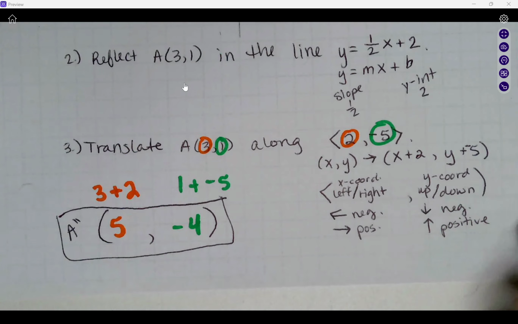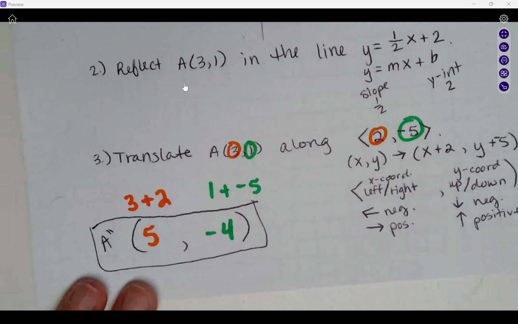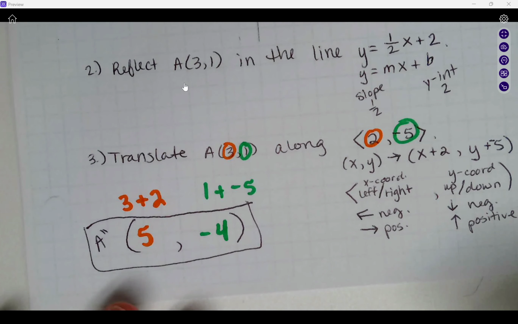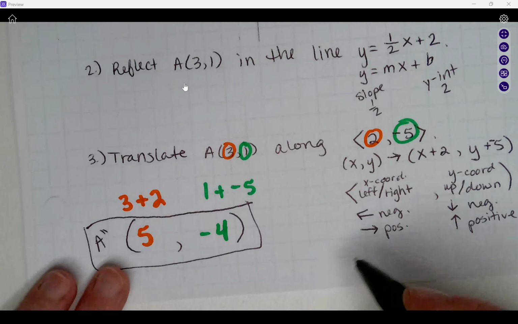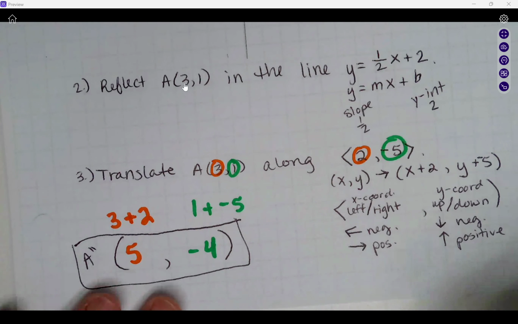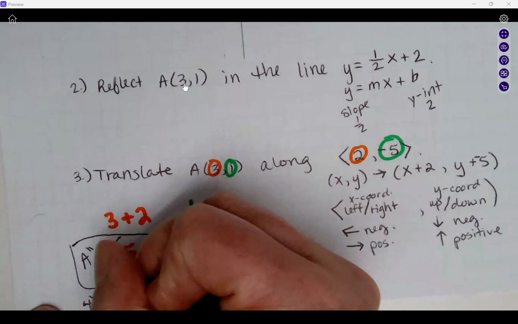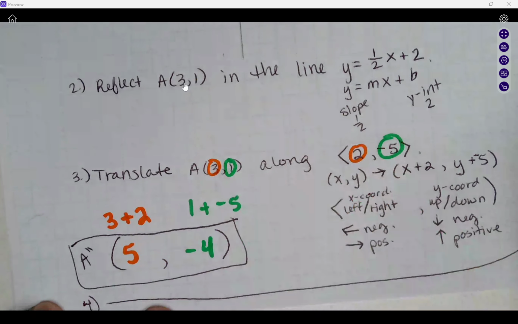Another problem we looked at today was determining the translation vector that would be necessary to have one point end up in a different location. So I don't have a lot of space here, so I'm going to bring number 4 up here.